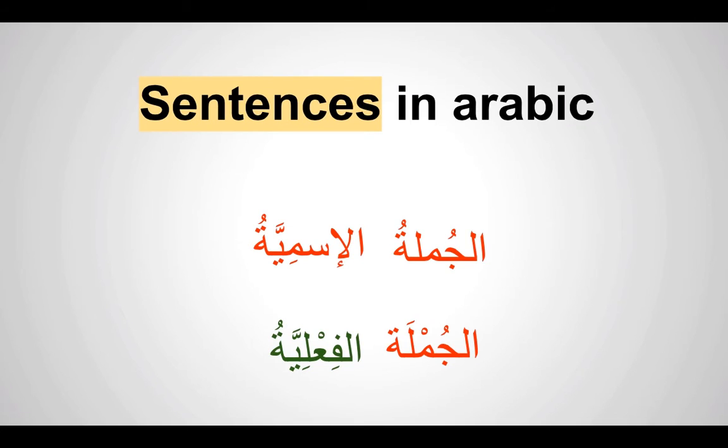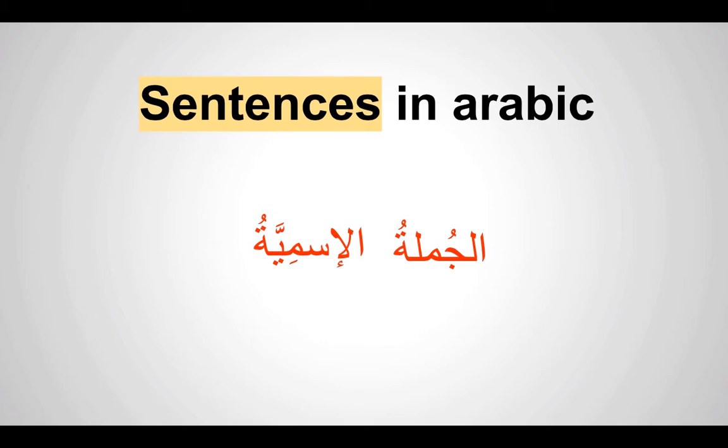Then we learned about sentences in Arabic. We know there are only two sentences in Arabic, which are Jumlatul Ismiya and Jumlatul Fi'liya. What are we looking for in these sentences? That is what makes the science of Arabic. How do we recognize each sentence and what are we looking for in each?